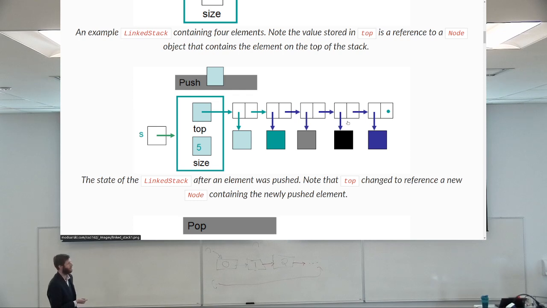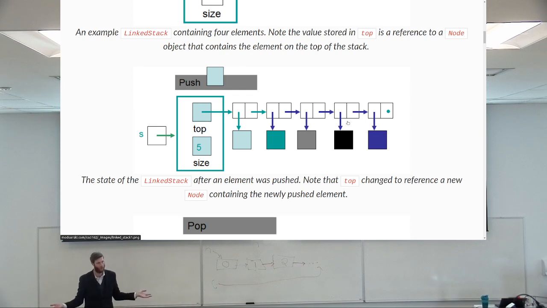Who agrees? Uh-oh. You want to try again? The front. Yeah, there we go. We add to the front. Top is the beginning. So if we want to push something, we need to update top. So it's the whole process of just inserting to the front of a link structure. The new thing references what top references, and then top references the new thing. That's how it's going to happen.